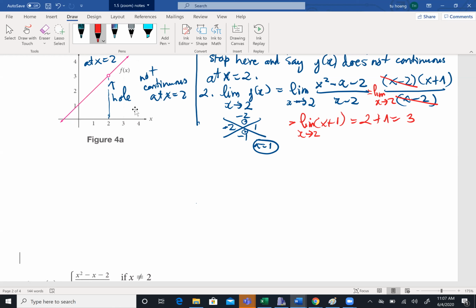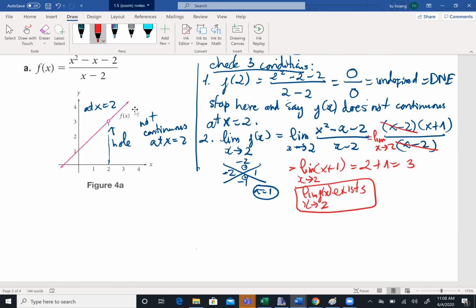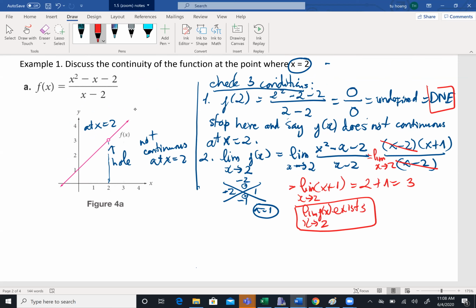So the limit exists. So the first condition is not satisfied. The second condition is satisfied.